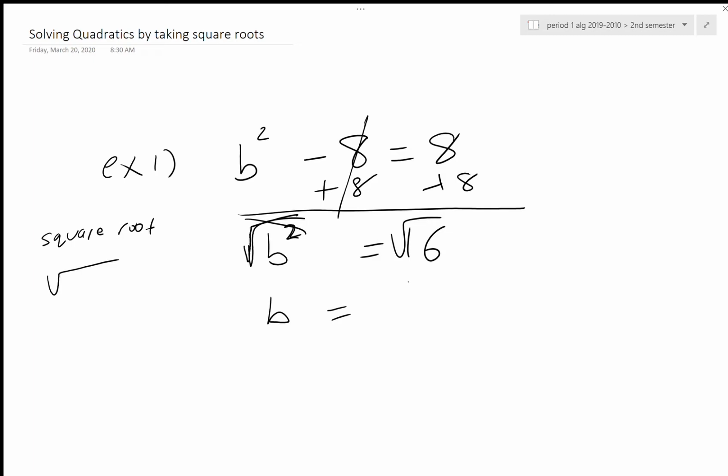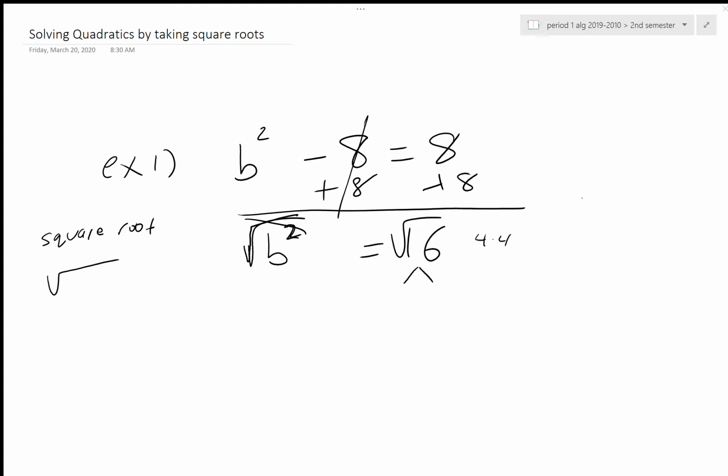Now remember, the square root means what two numbers multiplied will give us 16. And the answer is, well, we have 4 times 4. And if you don't remember, we did this.